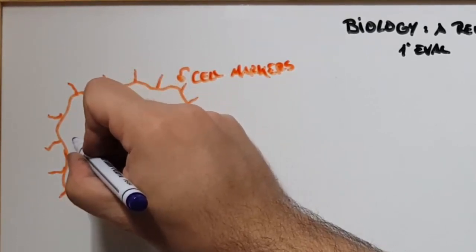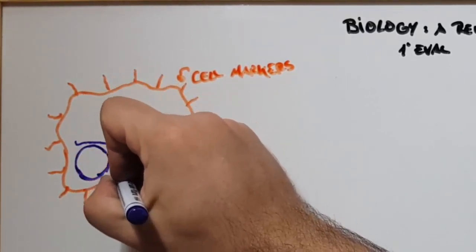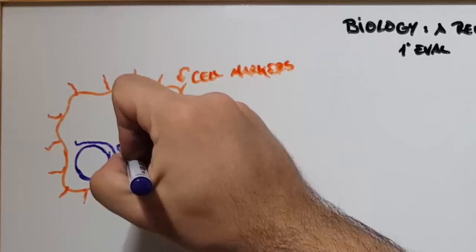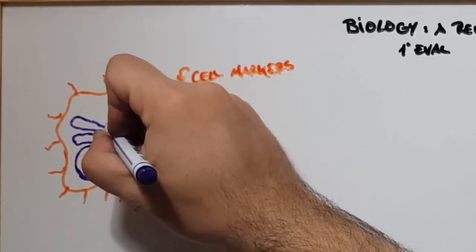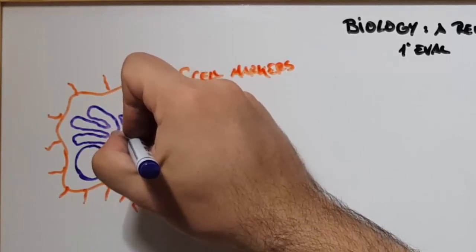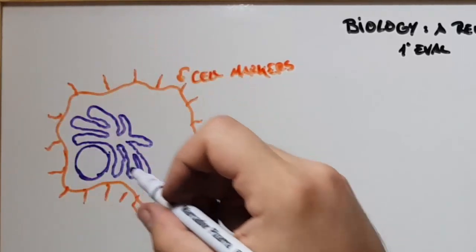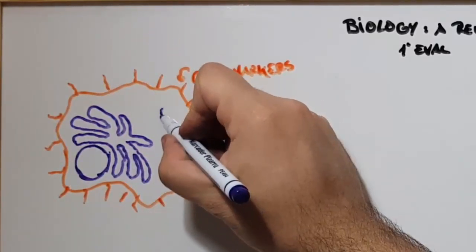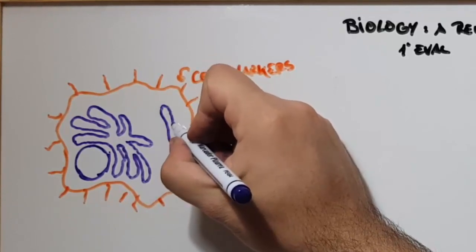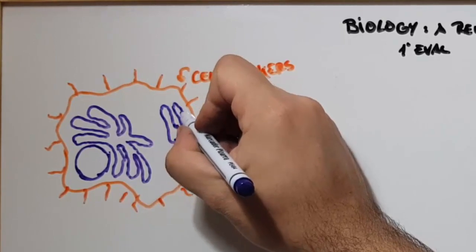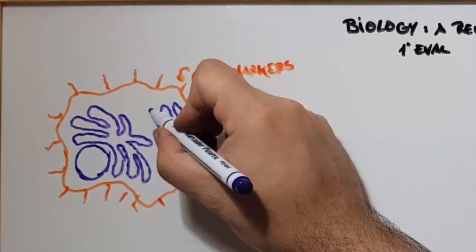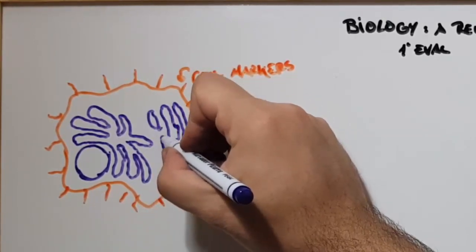Then we have the endoplasmic reticulum outside the nucleus. It's a system quite like this, with several cisternae and tubules, and then we have the Golgi apparatus that is quite the same as the endoplasmic reticulum, but a little bit more independent.